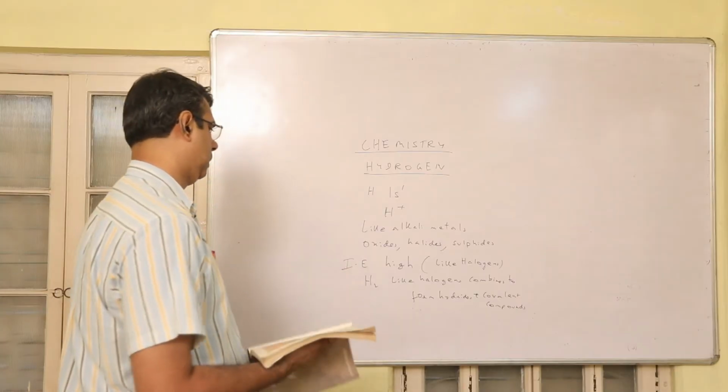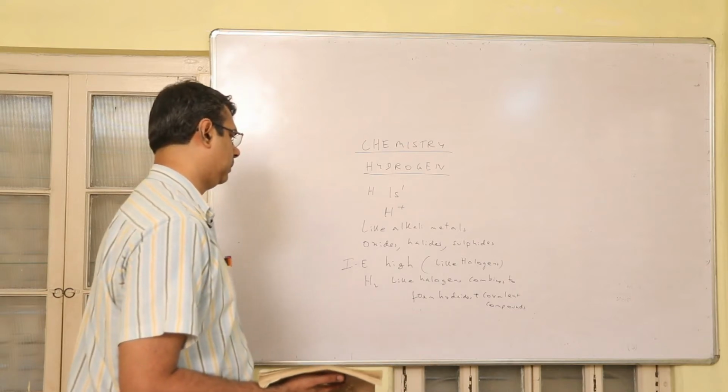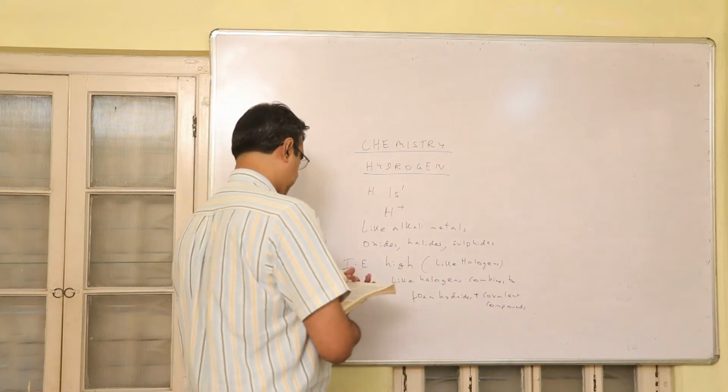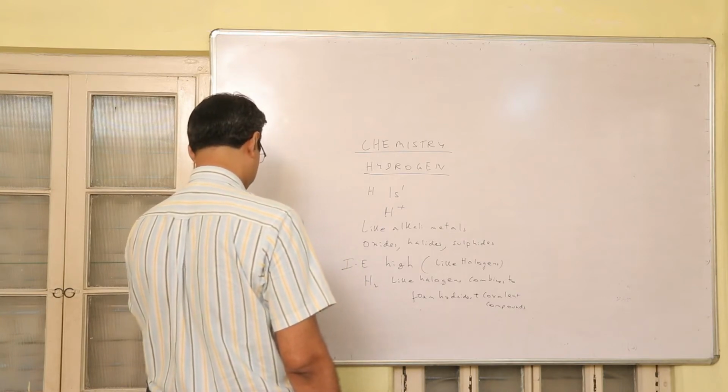So like halogens, hydrogen can combine with other elements to form hydrides and a large number of covalent compounds.